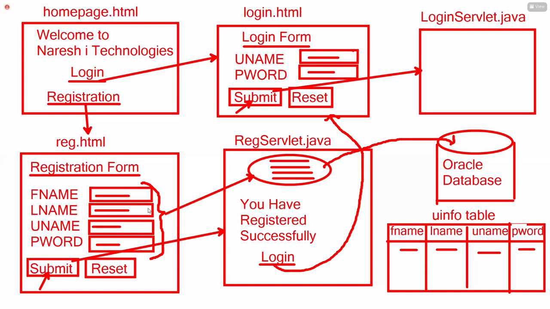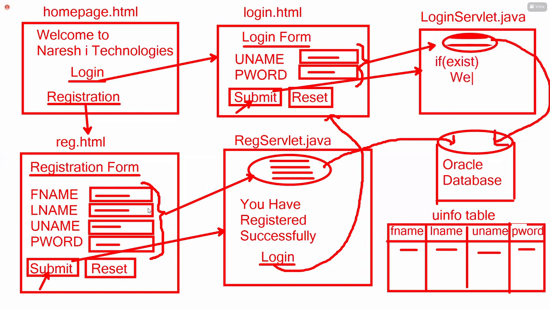Now we'll receive the username and password. Here username received, password received. After receiving, it checks in the database. If the given username and password exist, then welcome that username.